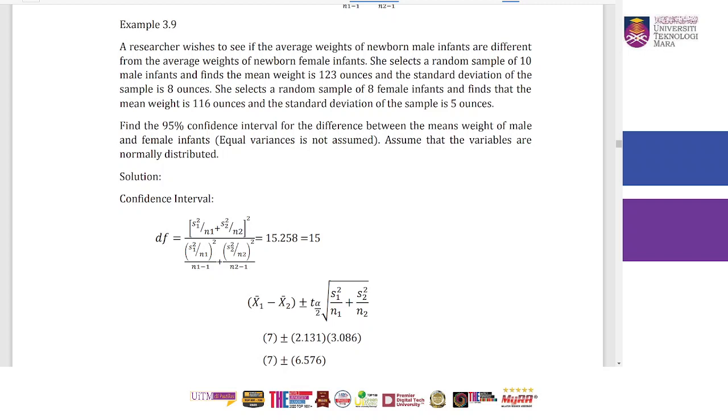So in this case, from this information, this gives you the information for the male infants.